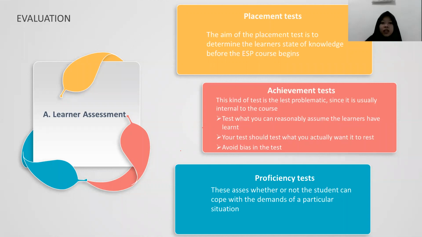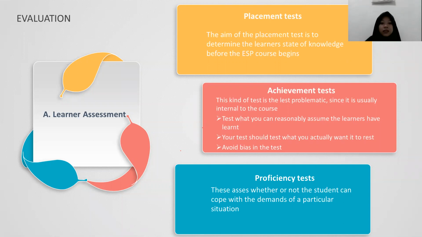The important point is that getting the correct answer should not depend on special subject knowledge outside the material used in the test. And the last one is proficiency test.